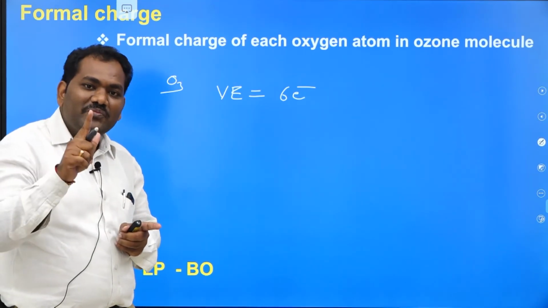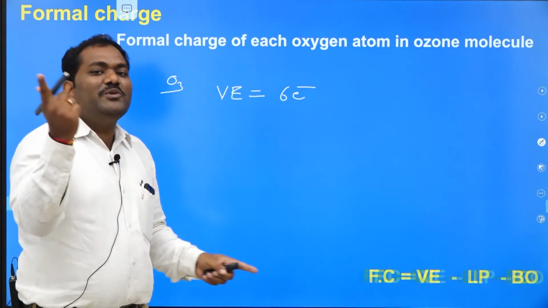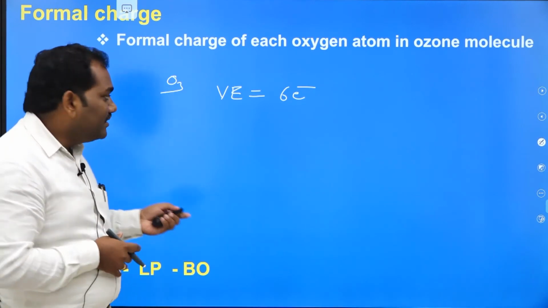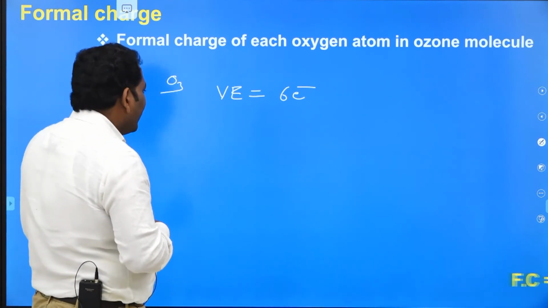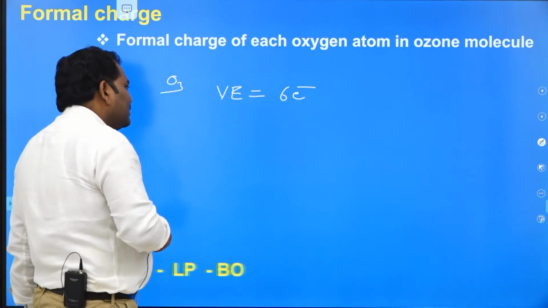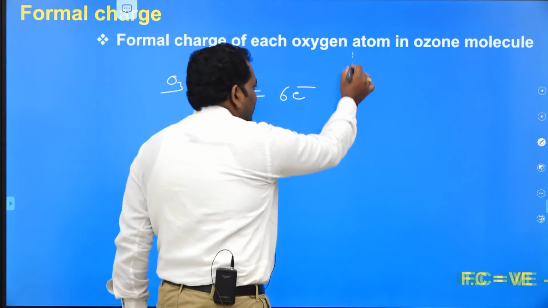Only if you write the Lewis dot structure for the ozone molecule can you calculate the formal charge. So first we have to write the Lewis dot structure, and in it we also have to calculate the total number of valence electrons.